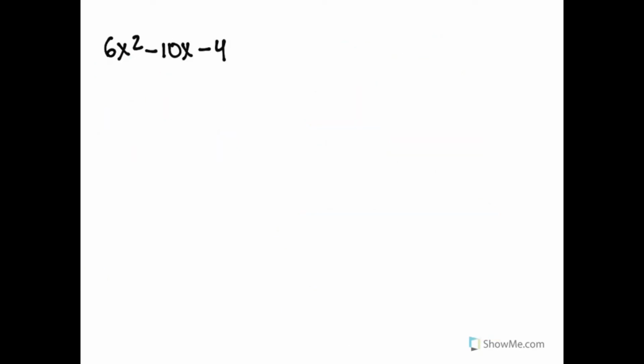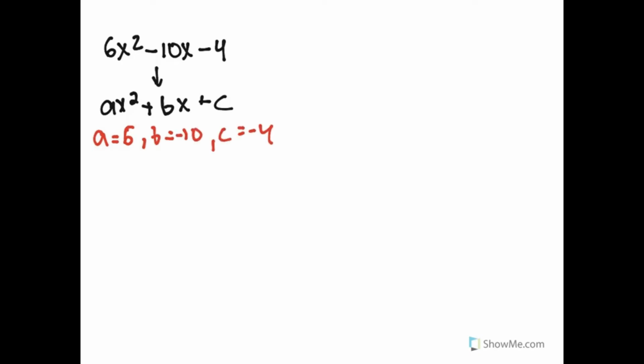So now I'm going to do another problem that's a little trickier. Again, let's write out our equation in the general form and get our coefficients. General form is ax squared plus bx plus c. So we know that our a is equal to 6, our b is equal to negative 10, and our c is equal to negative 4.